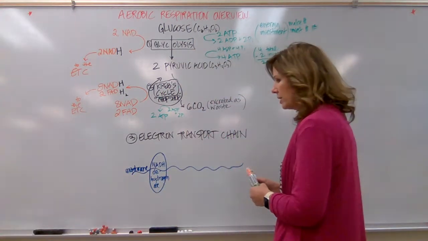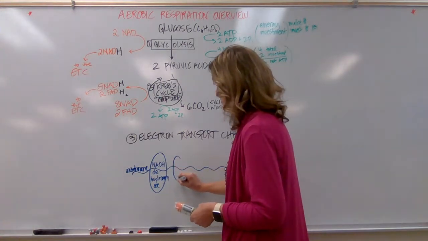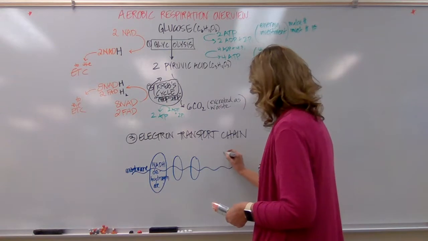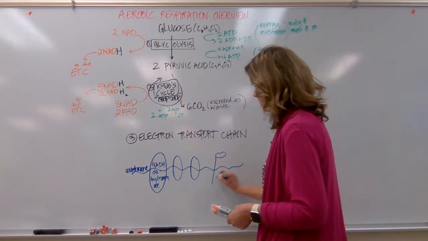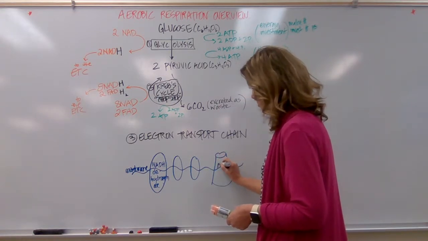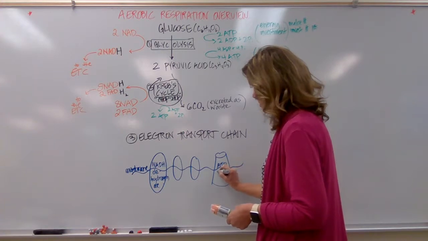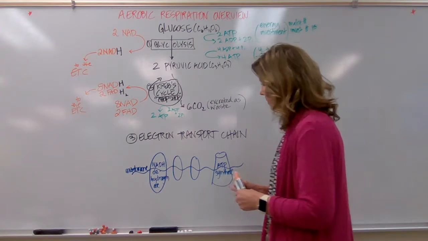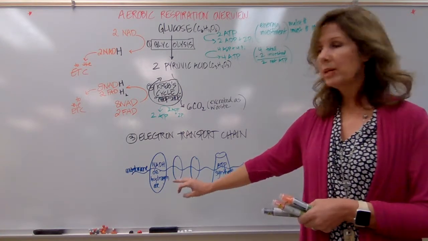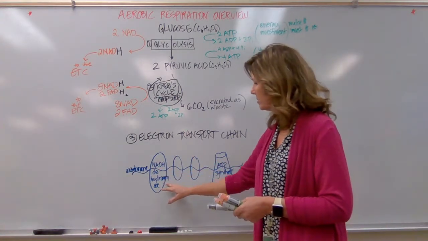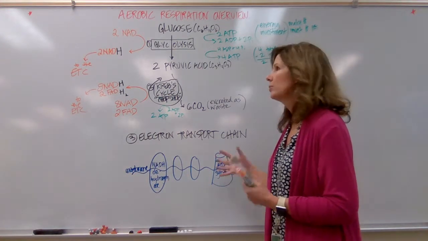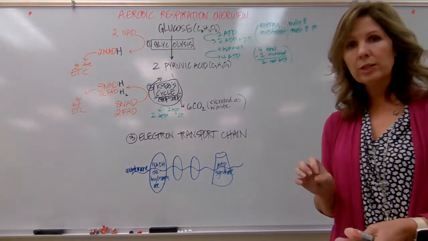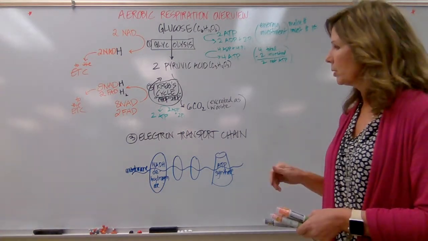There will be some intermediate enzymes. All of these are embedded in my membrane. The last enzyme at the end of the chain is going to be called ATP synthase. You will be expected to memorize NADH dehydrogenase and ATP synthase. Remember that they are embedded in a membrane, mitochondrial in eukaryotes, cell membrane in prokaryotes.